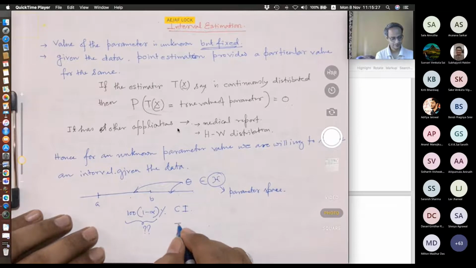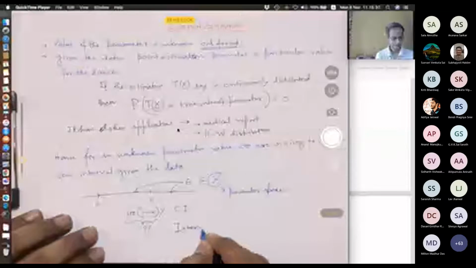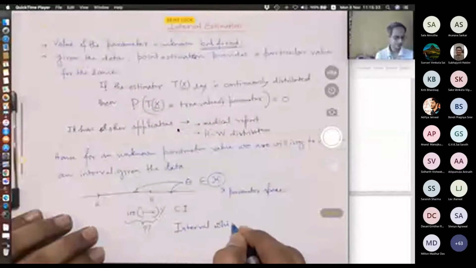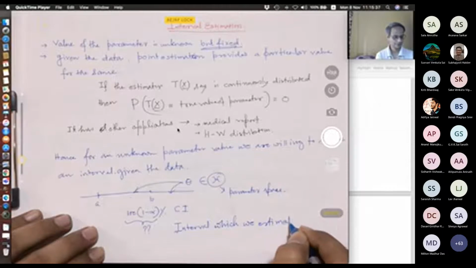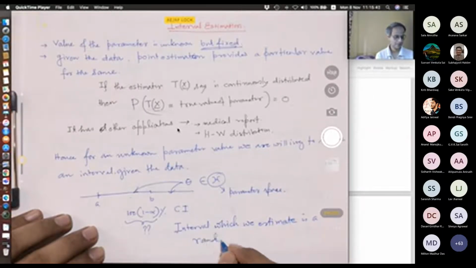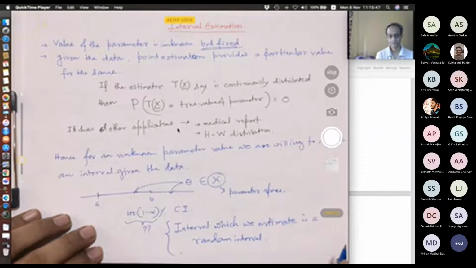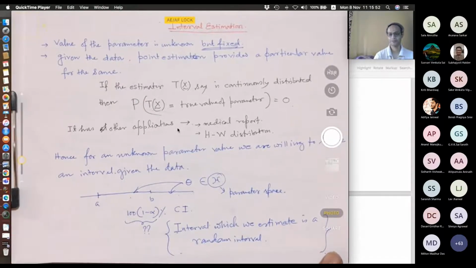The interval which we estimate is a random interval. That is the key point of this interval estimation problem.